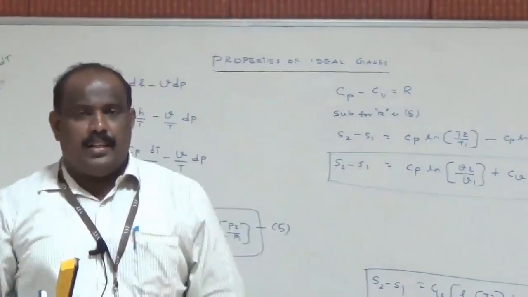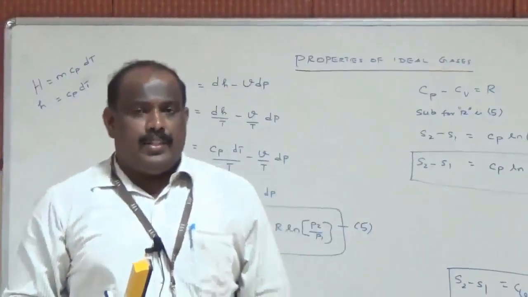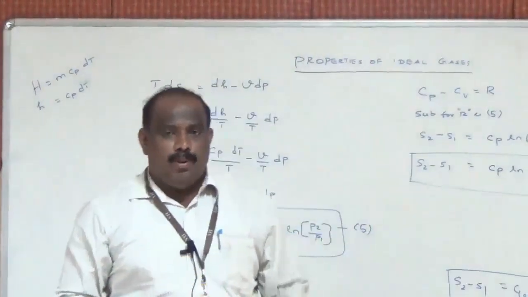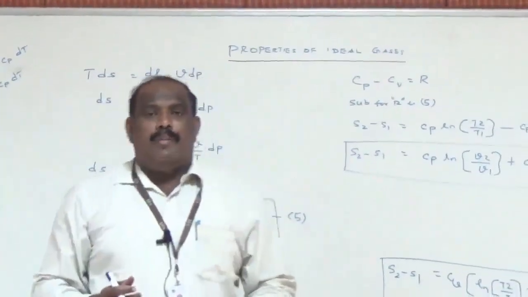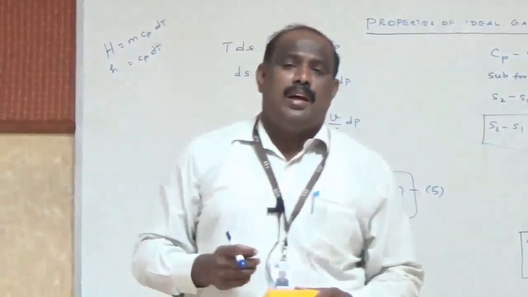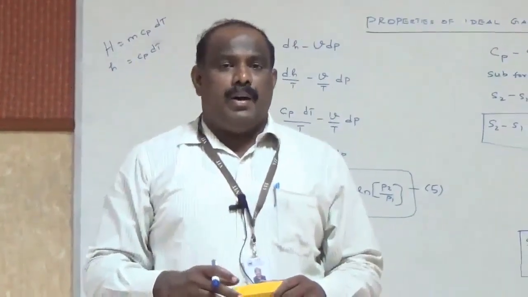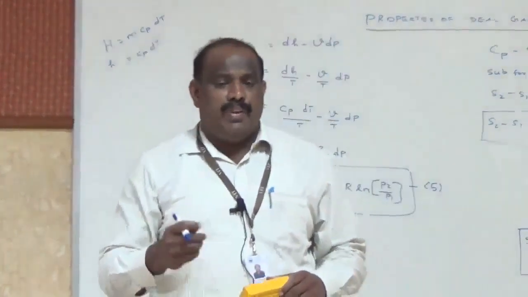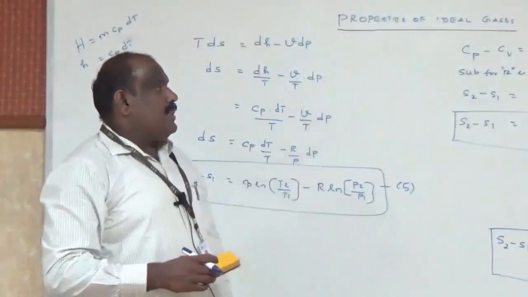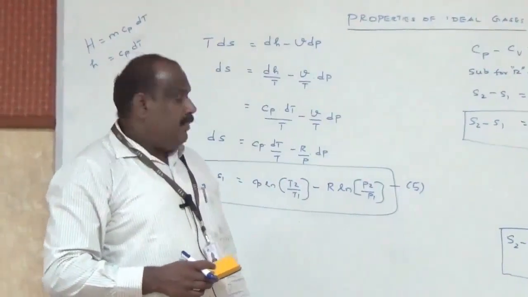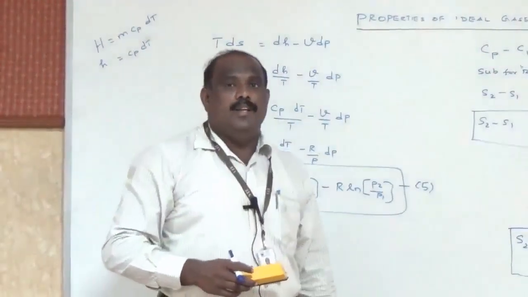So this section gives an idea about the ideal gas equation in terms of mass basis and molar basis, and we came to know about Avogadro's law and its application to obtain the value of R bar. Then we got the value of R for different gases. Then, from the first law of thermodynamics and the definition of enthalpy, we derived three formulas for the change in entropy.